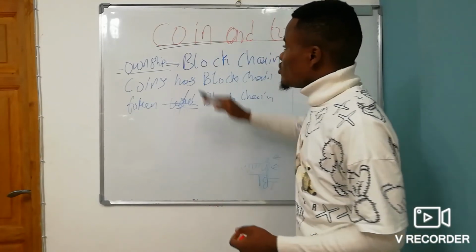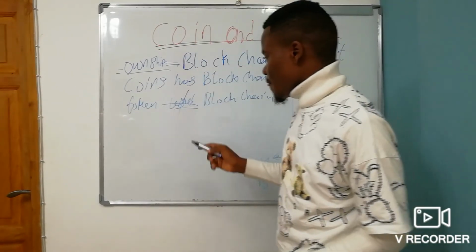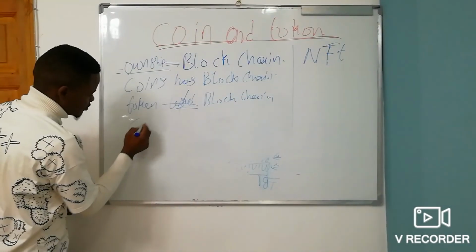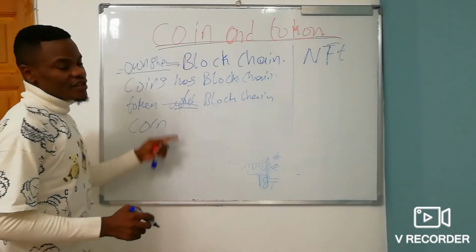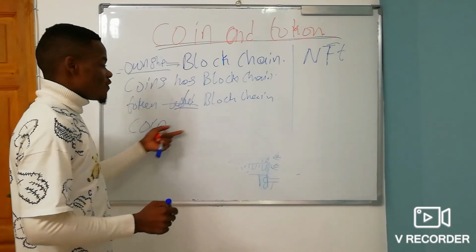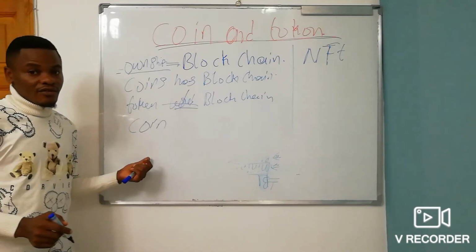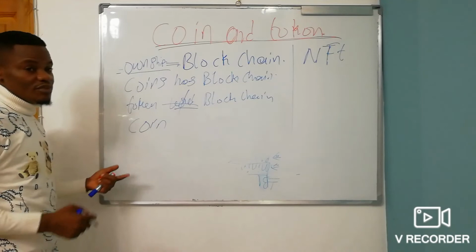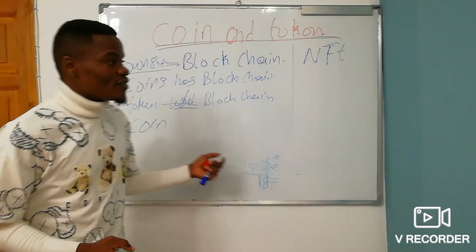And then remember we said a coin is used for store of value, right? For example, Bitcoin is used as a store of value.